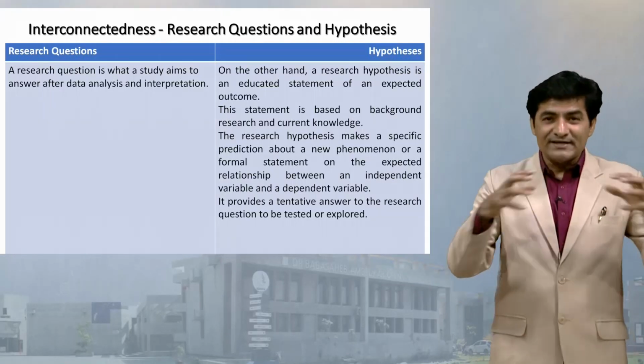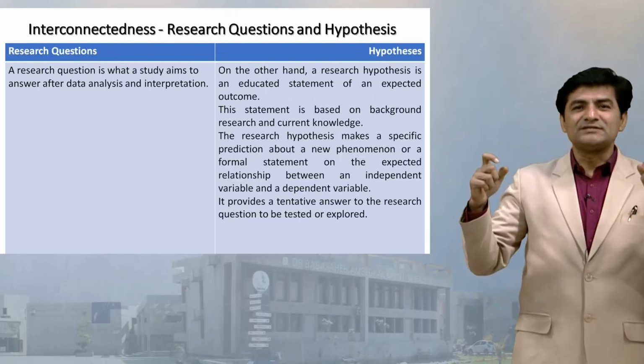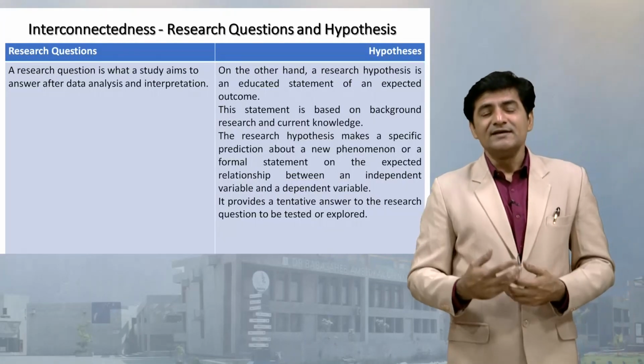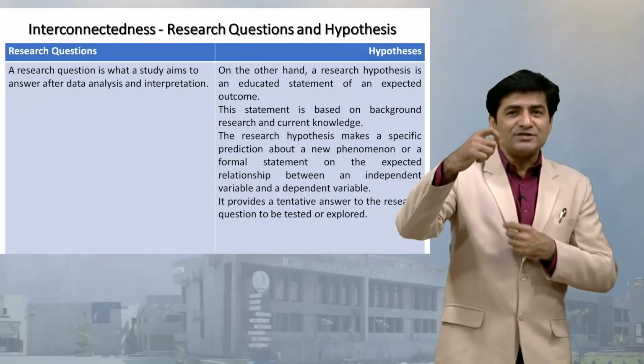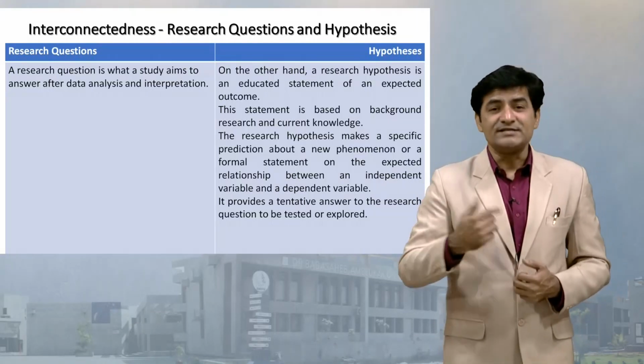Depending upon the variables, the hypothesis keeps on changing. The same hypothesis can be read and reread in a variety of ways just by changing the variables in quantitative research.